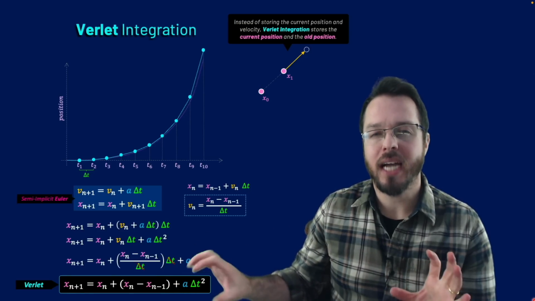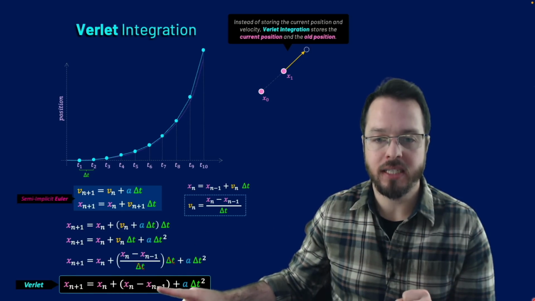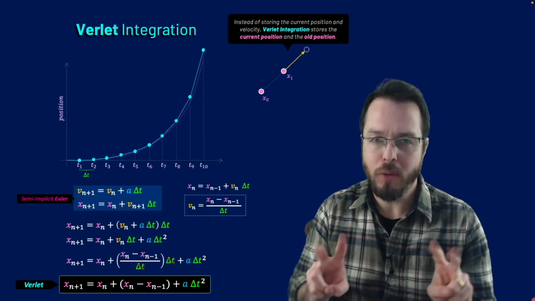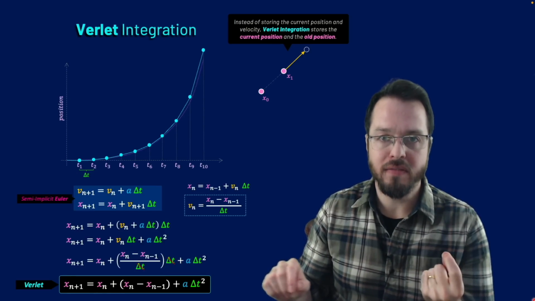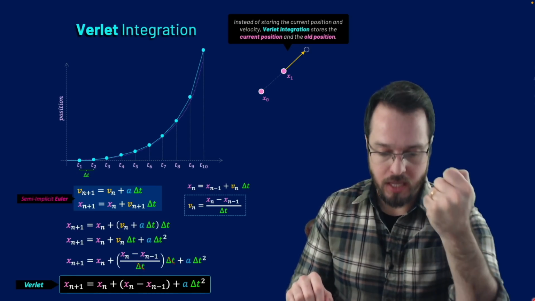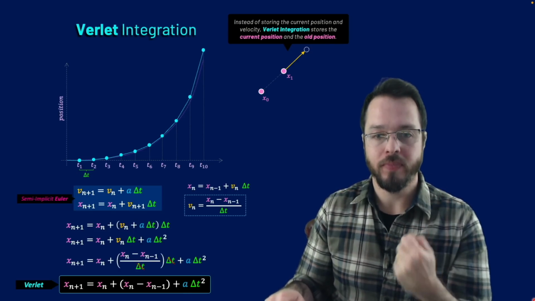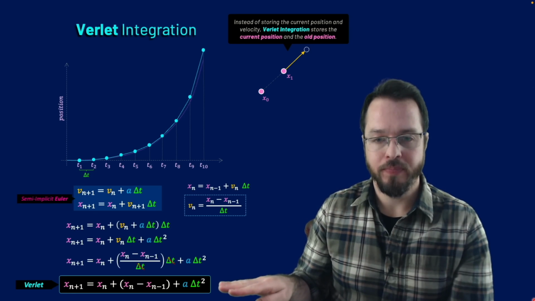The velocity is kind of implied by this difference. Do you see xn minus xn minus 1? This subtraction is almost like the velocity of our system. But it is implied, and all we store is the current position and the previous position, the old position. This formula right here is the formula for Verlet integration.